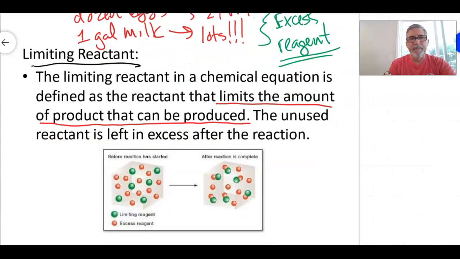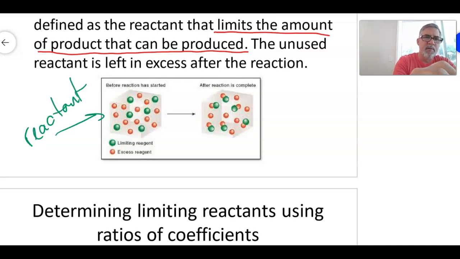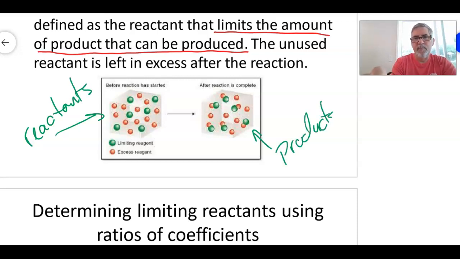Okay, if you look at this kind of picture graphic here, over on this side I have my reactants, and over on this side I have my products plus my excess.